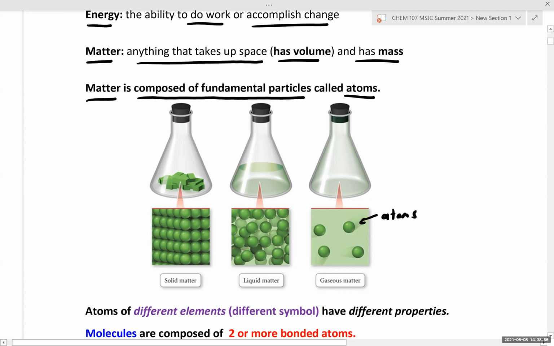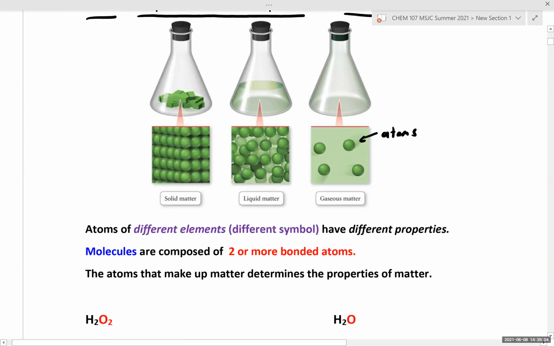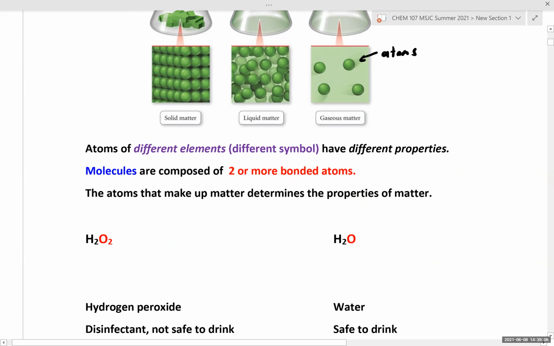Now, why is this important? What is the benefit of looking at the world from this perspective? Well, the main purpose behind this atomic view of matter is that we can begin to understand how the composition of matter determines the properties of matter.